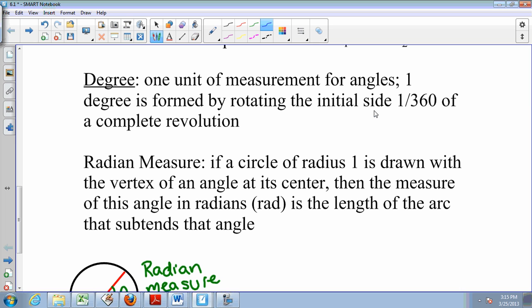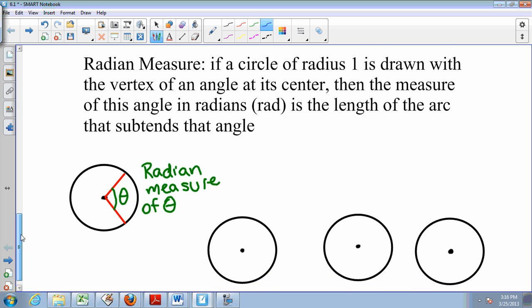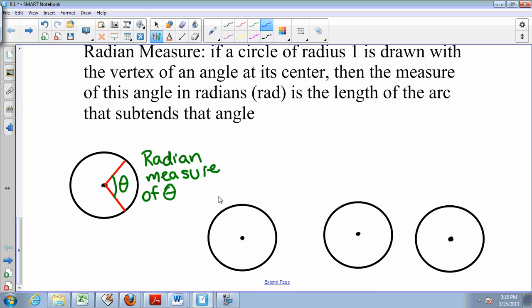Radian measure. If a circle of radius 1 is drawn with the vertex of the angle at its center, the measure of this angle in radians, which we call rad, is the length of the arc that subtends that angle. So we have our unit circle with its center at the origin, and our angle theta.